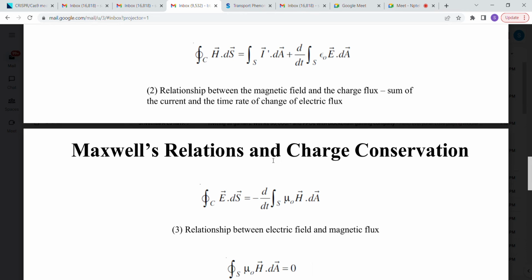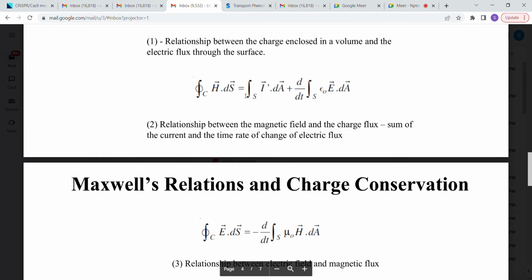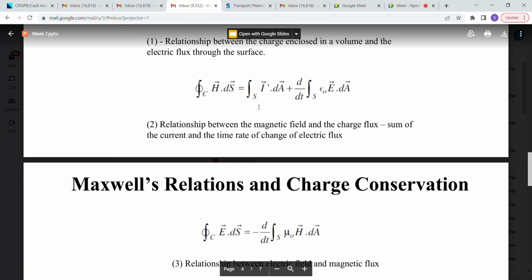I'm just brainstorming here. If you go through the lectures in NPTEL, you would easily understand this. So the relationship between the magnetic field and the charge flux is given as the sum of the current. This is a contour integral, and this is a surface integral.